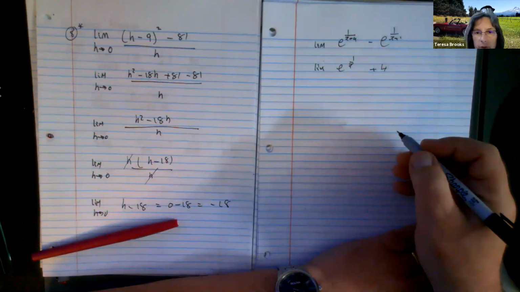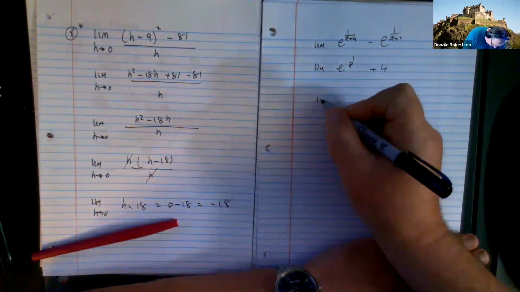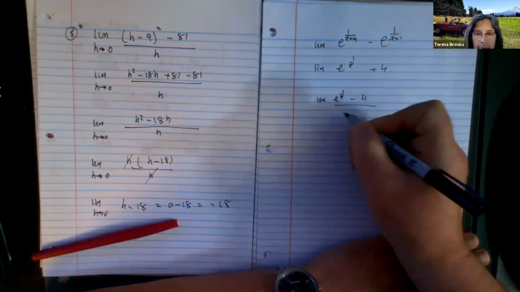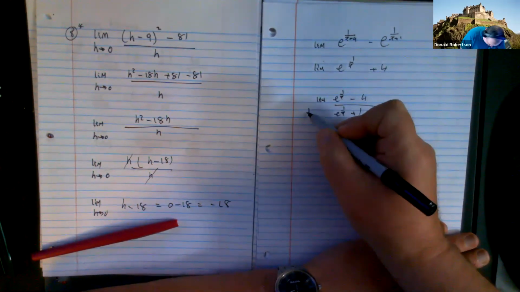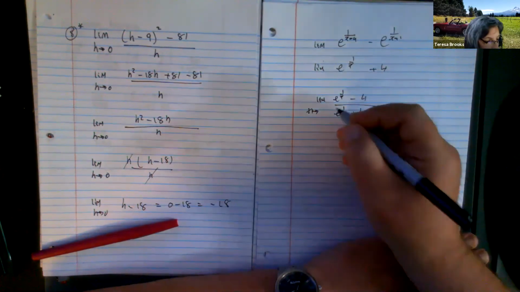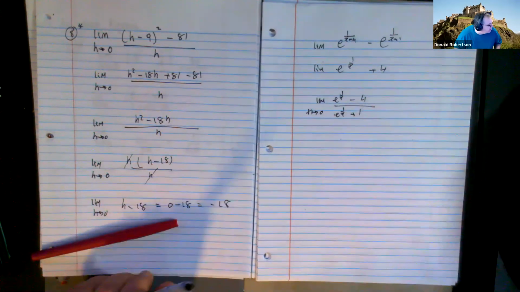Kind of. It was minus 4 on top, and that whole thing is divided by e to the 1 over x plus 1. And the limit as x tends to 0. So I got it down.